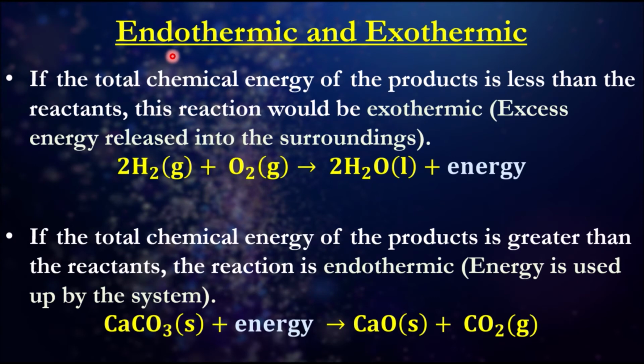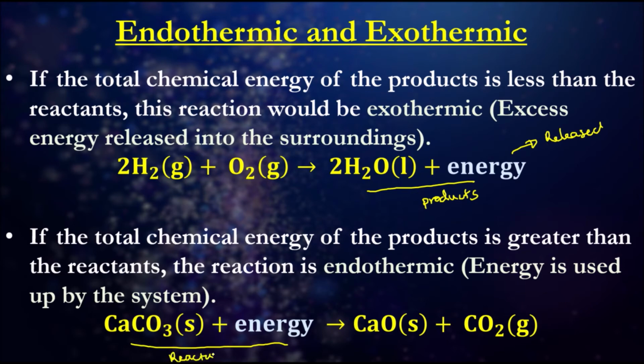Alright, so another way we can represent exothermic or endothermic reactions is when we write out a chemical equation. So if we have an exothermic reaction, we will tend to write the energy sign on the product side. Because what this is saying is this is the energy that got released in the chemical reaction, whereas if we're dealing with an endothermic reaction, we tend to write the energy sign on the reactant side.